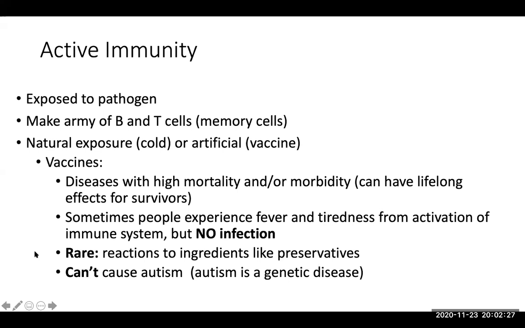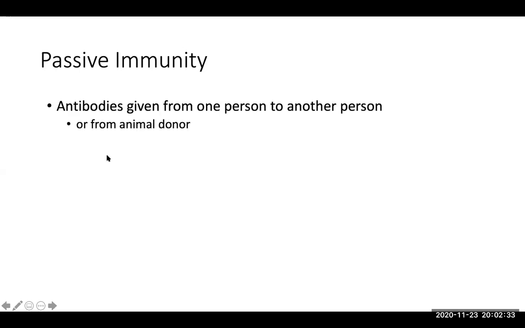Okay? All right. Passive immunity would be receiving antibodies from another person or even an animal. We've seen this in COVID. We've seen this also when we had the Ebola outbreak. Man, that might have been like 2010.